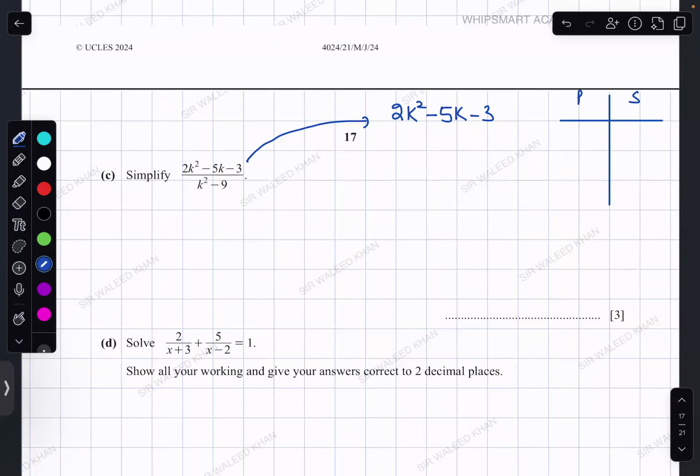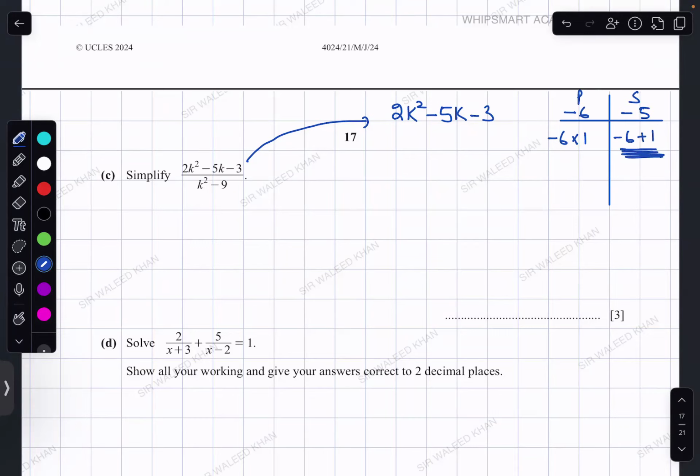So the product should be minus 6, the first and the last value, and the sum minus 5. So now we need two numbers which, when we multiply, become minus 6, and when we add, become minus 5. So minus 6 times 1, minus 6 plus 1.